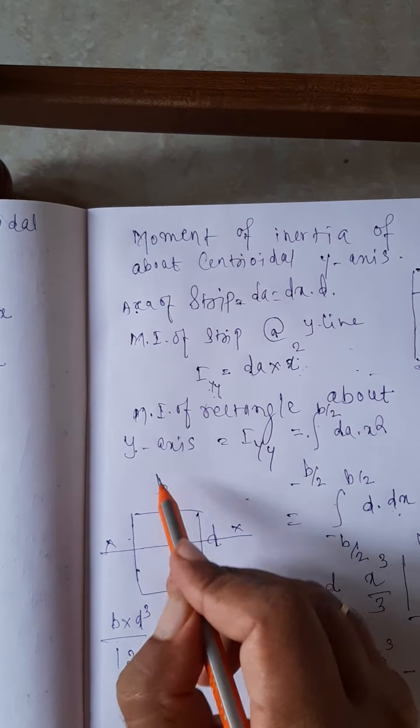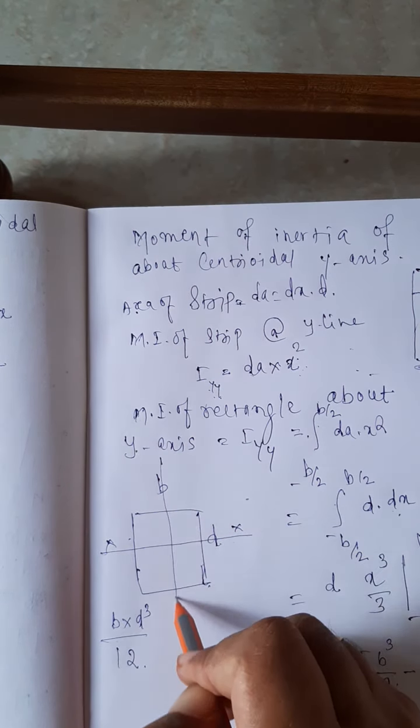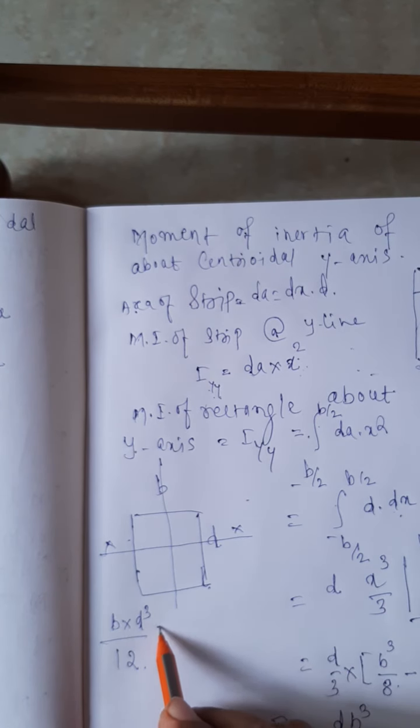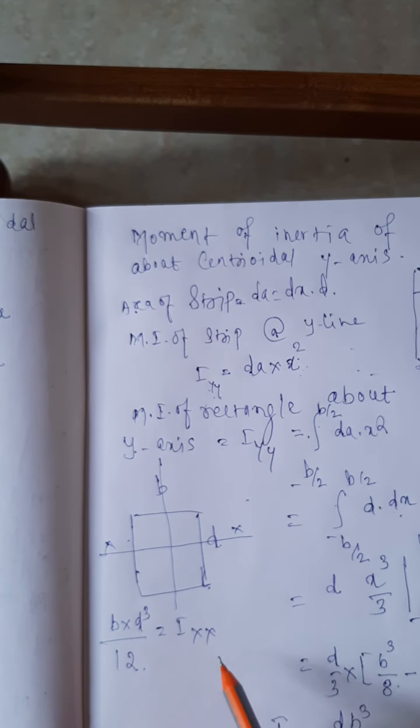And if I want the moment of inertia about the Y line, the formula was D into B cube divided by 12, which is equal to IYY.